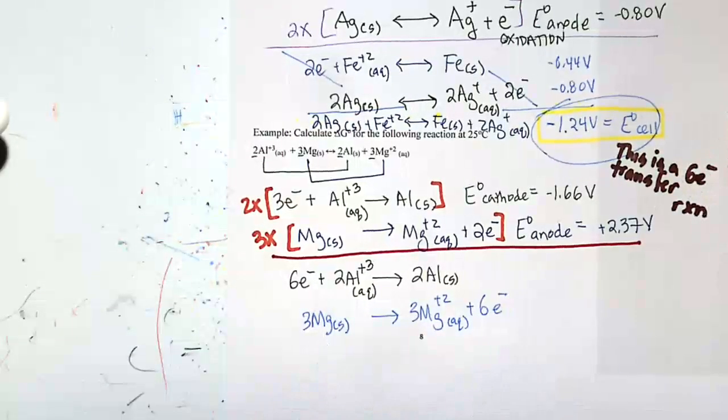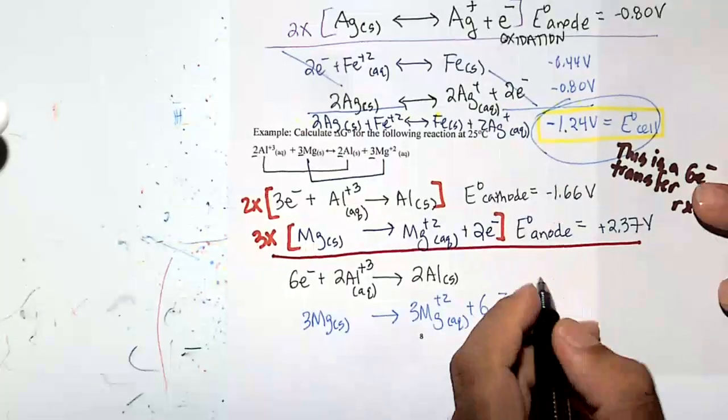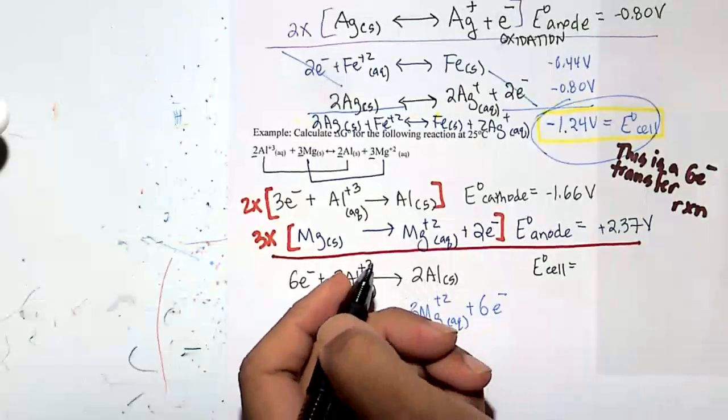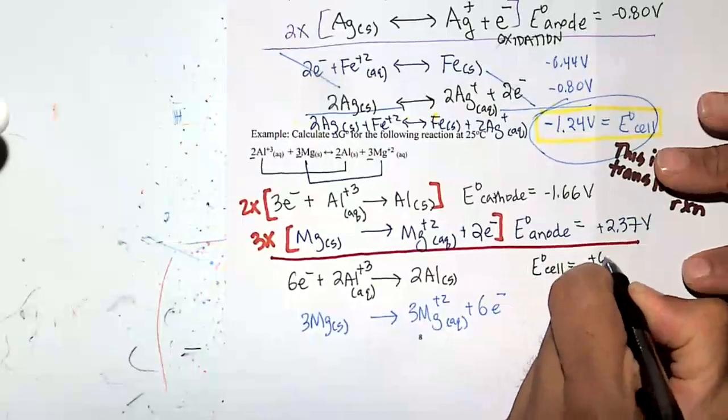So this Ecell becomes, what's 2.37 minus 1.66? 0.71 volts positive. So this is our Ecell, positive 0.71 volts.